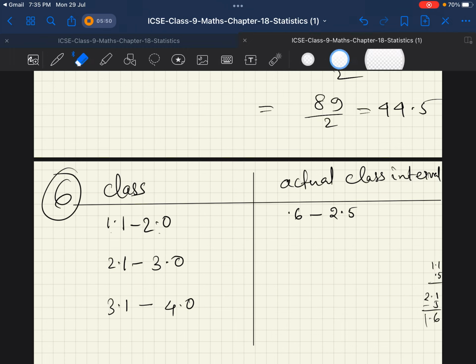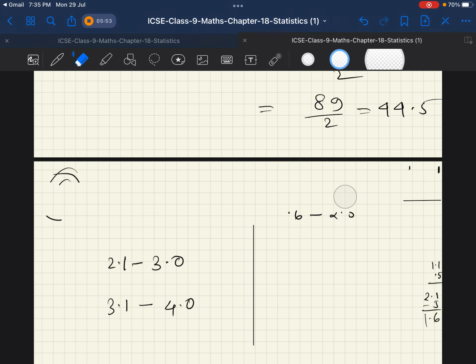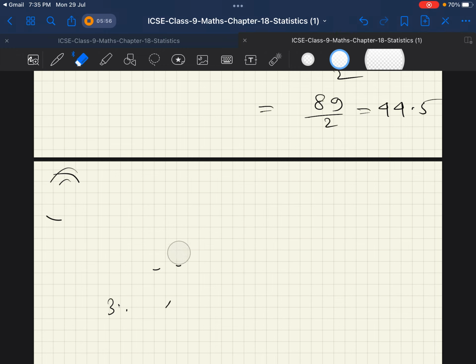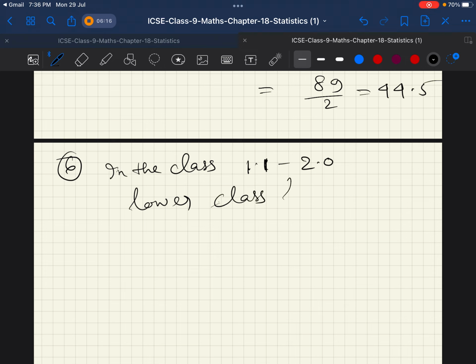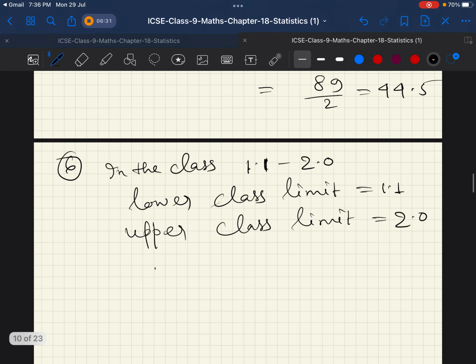Here you see in question number 6, in the class 1.1 to 2.0, the lower class limit is 1.1 and upper class limit is 2.